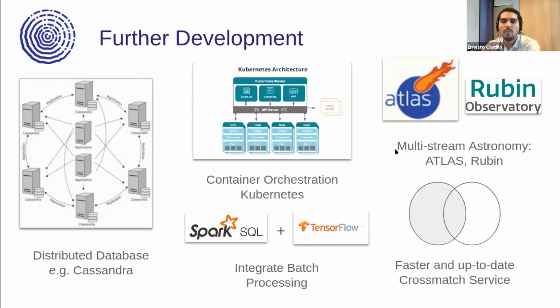So one big question is how to deal with all of these streams in parallel. And also, in the case of the cross-match service, we want to have a faster and up-to-date cross-match service. So we are discussing if we are going to implement our own system or use another system that is provided by any other broker or any external facility.